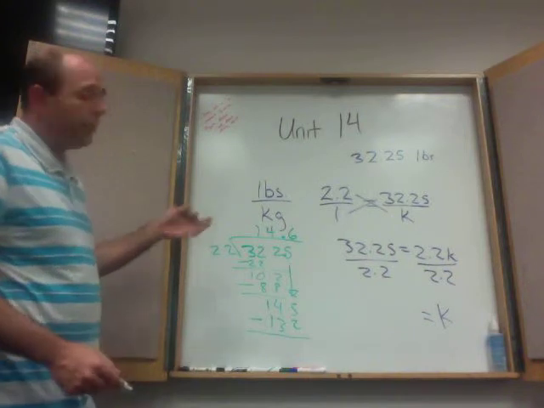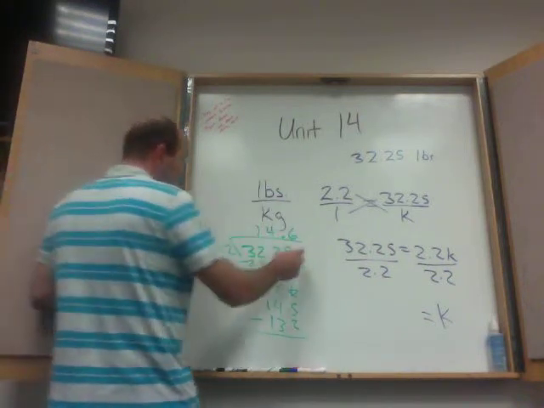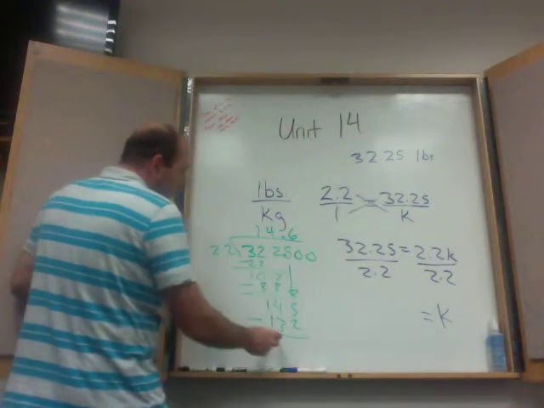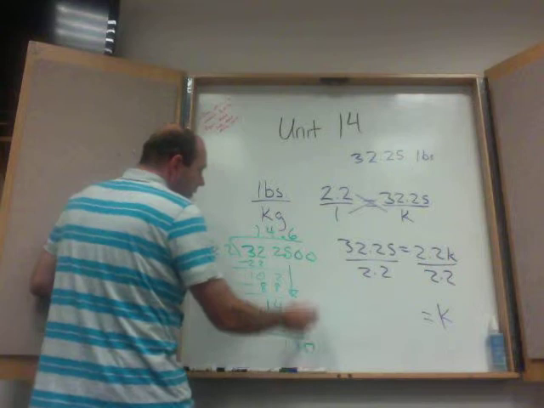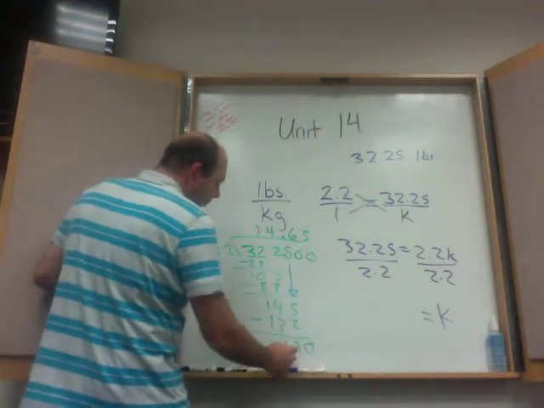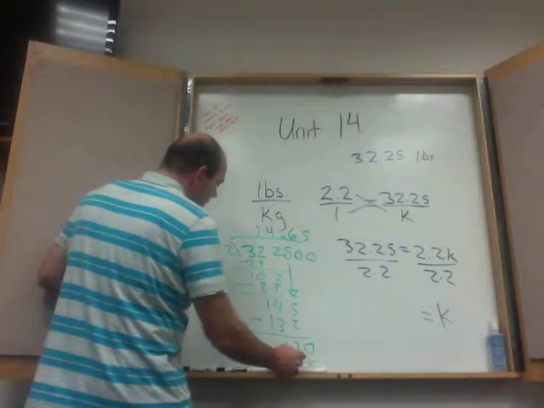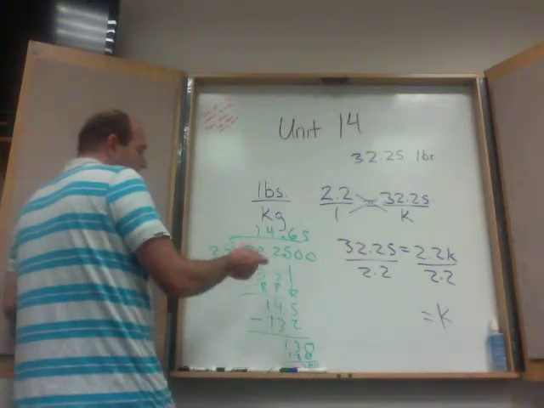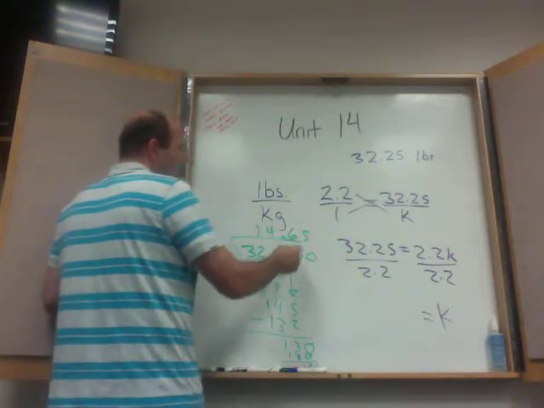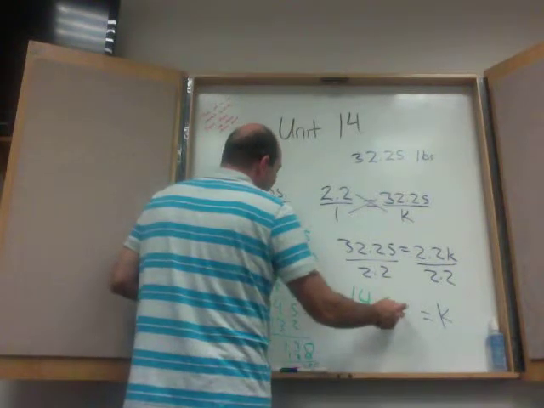Nice thing about kilograms, they want you to round it off to the hundredth, so I don't have to go more than 2 more places. 5 times is 110. Difference of 20 gives me a 200, and I know that's going to be about 9, so this is going to round to 14.66.